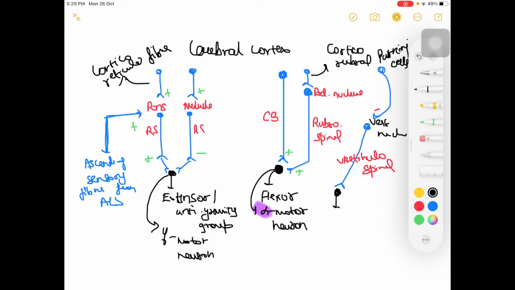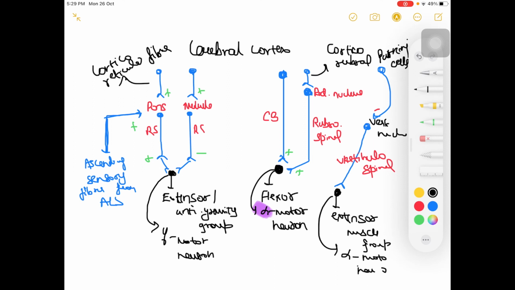Now, so where are they terminating? Again, same concept, because they are part of medial system. They would extend to extensor muscle group. Now since they are not responsible for any tone like reticular, so they terminate on alpha motor neuron.